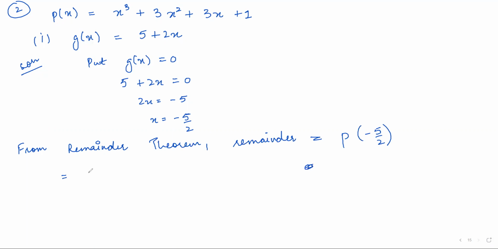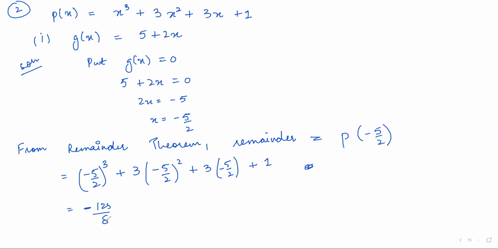So put minus of 5 by 2 whole cube plus 3 into minus of 5 by 2 whole square plus 3 into minus of 5 by 2 plus 1, right? Okay. So minus, 3 times. So 1 minus will remain. 5 into 5, 25, 25 into 5, 125, right? Divided by 8. Then plus 3 into 2 minuses, they will go, 5 into 5, 25 divided by 4.